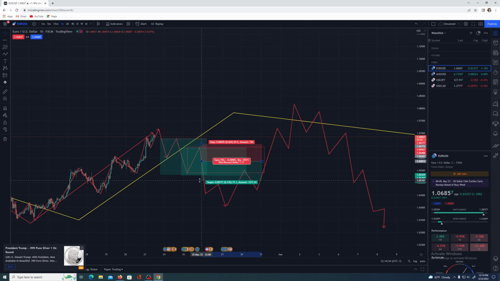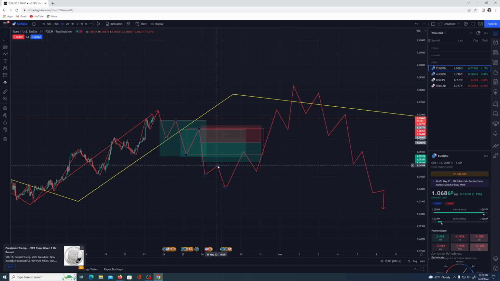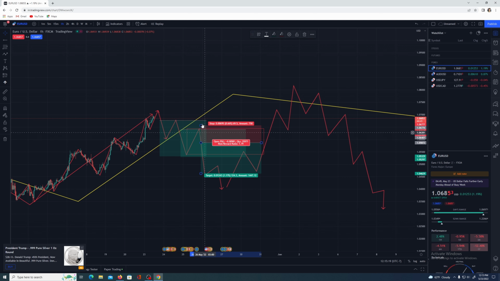Now, let's say in this case, price didn't go all the way up, right? Price didn't go all the way up. And what happened was it put another lower low. Now, the moment that this trades below here, what do you think is going to happen? We can take another, we can move this one to break even already.